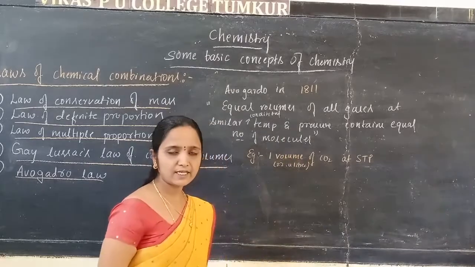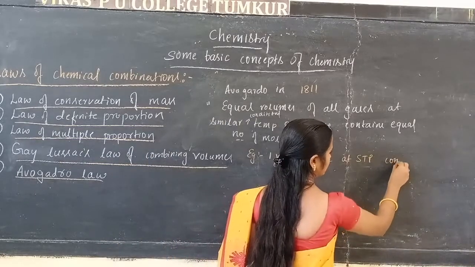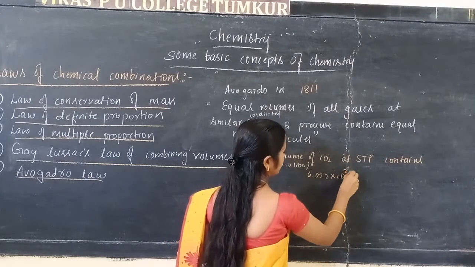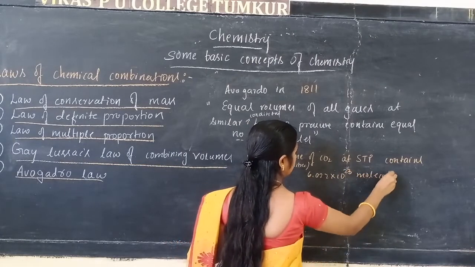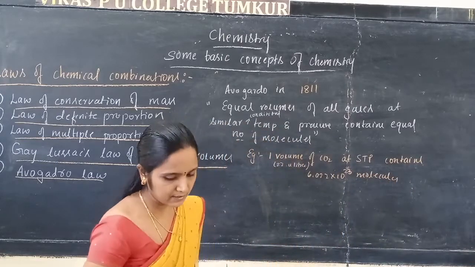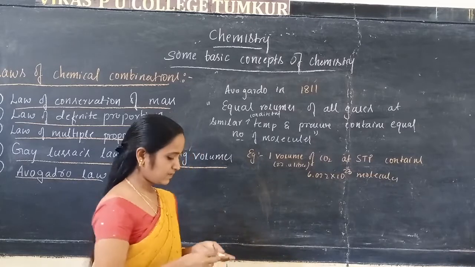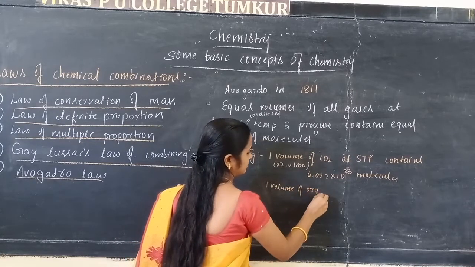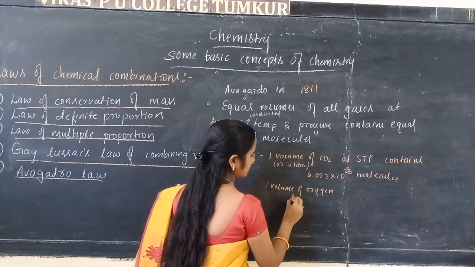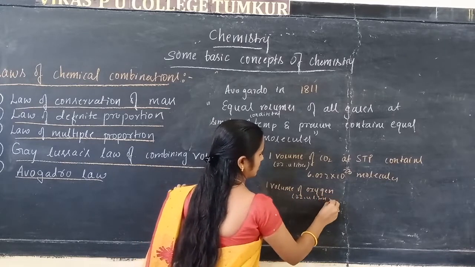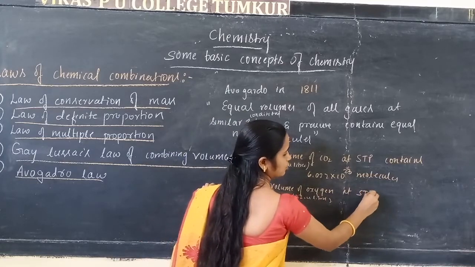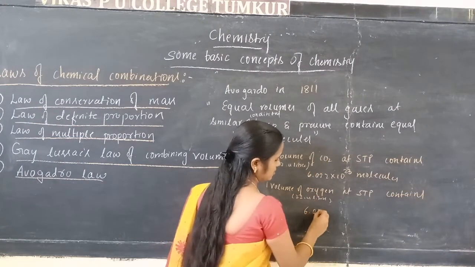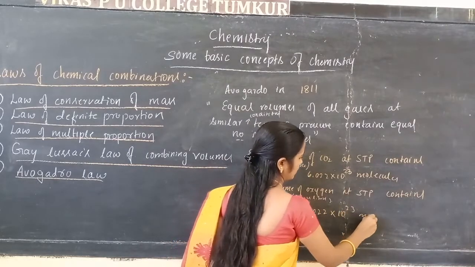One volume of CO2 at STP contains 6.022 × 10^23 molecules. Then, taking another example, one volume of oxygen means 22.4 liters at STP, standard temperature and pressure, and it contains 6.022 × 10^23 molecules.